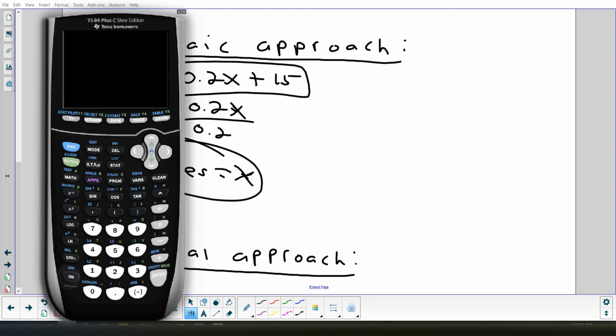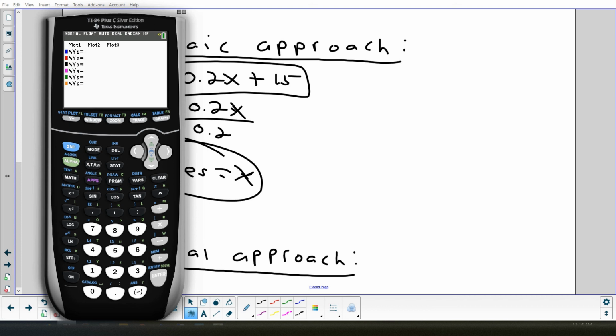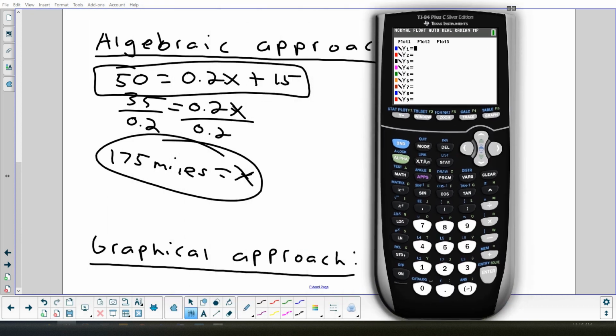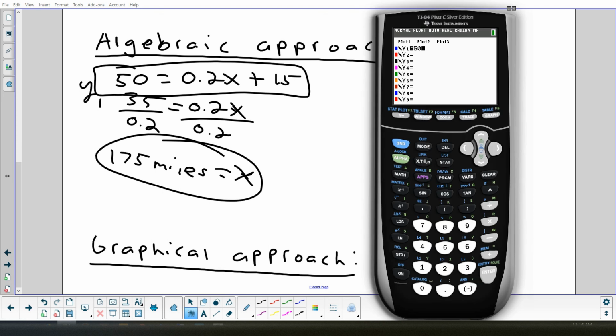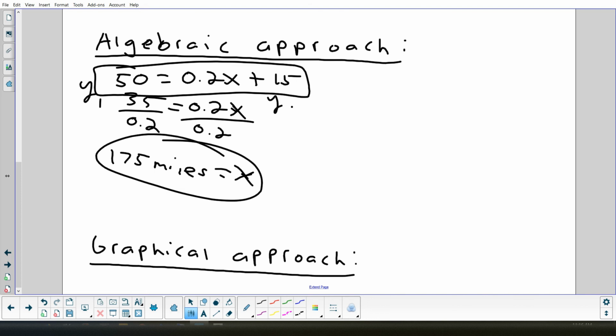On my calculator, I'm going to go to y equals, and under y1, I'm just going to put in 50. The left-hand side of that equation is 50. On the right-hand side, I'm going to put that in y2.